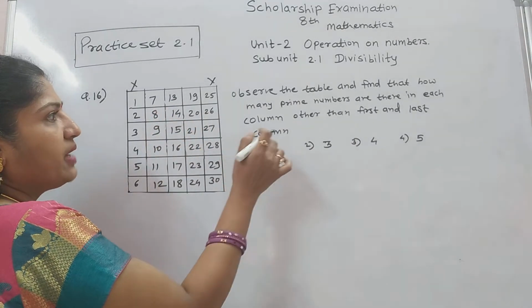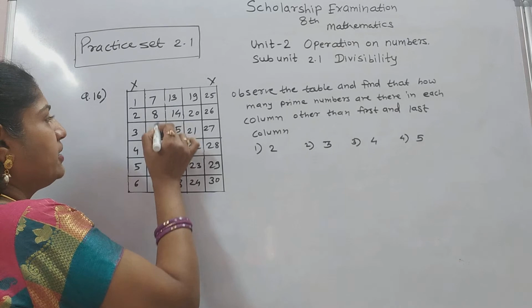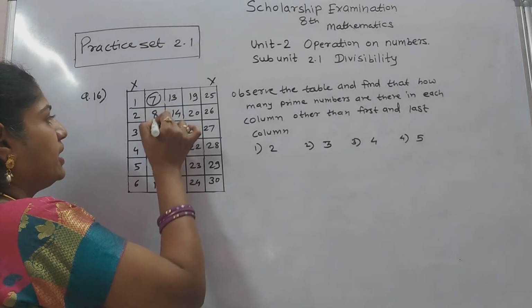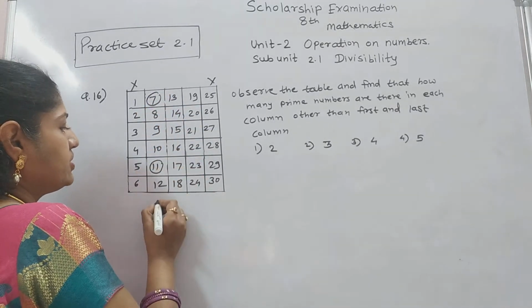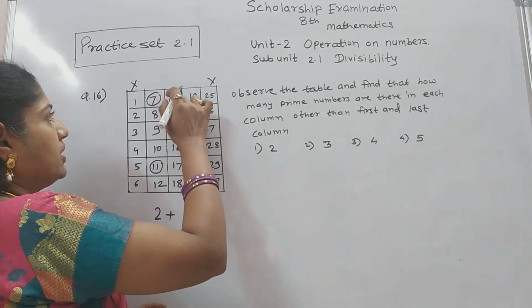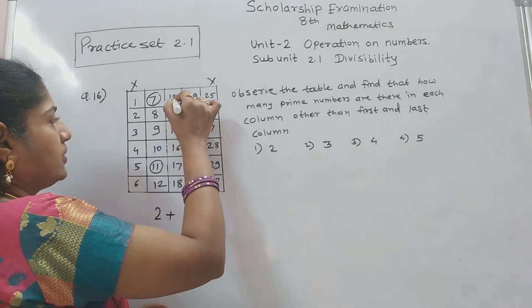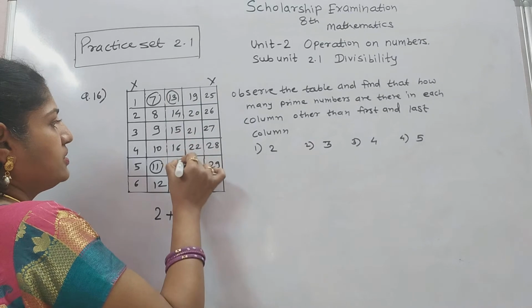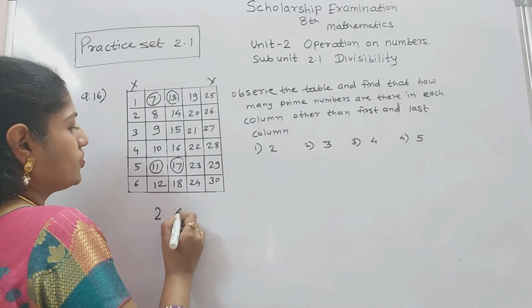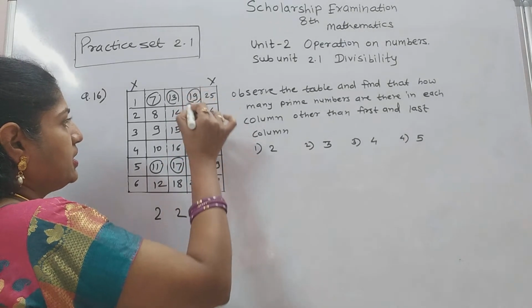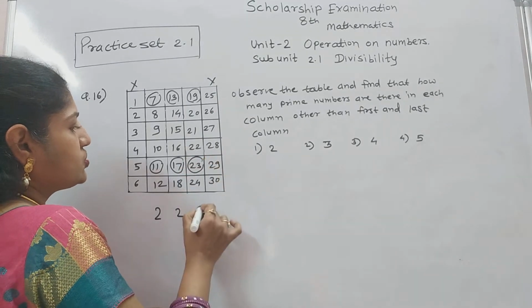And which are the prime numbers? 7, 8, 9, 10, 11. 7 is the prime number, and 11 is prime, that is 2, plus 13. Then 13 and 17, here also 2. 19 and 23, here also 2.